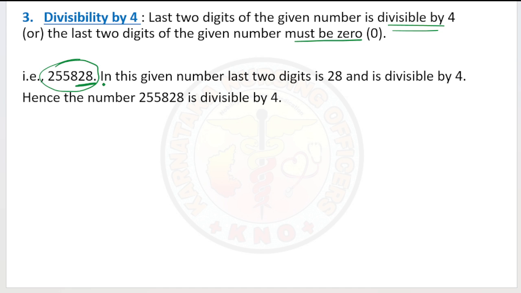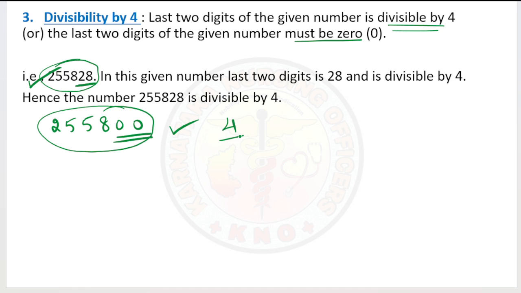28 is divisible by 4, of course, yes. 4 sevens are 28, correct? So then we can say that this number is divisible by 4. And again, if the last two digits of the number are 0, that is 255800, here also we can say that this number is divisible by 4.